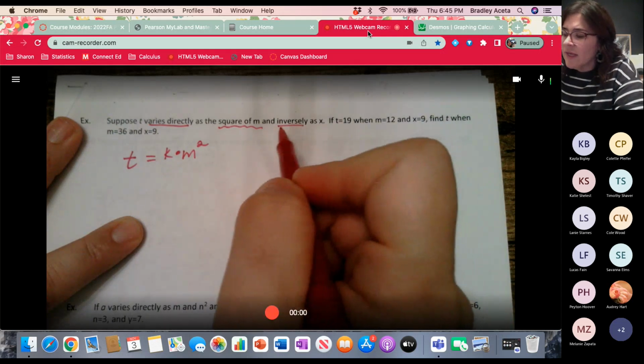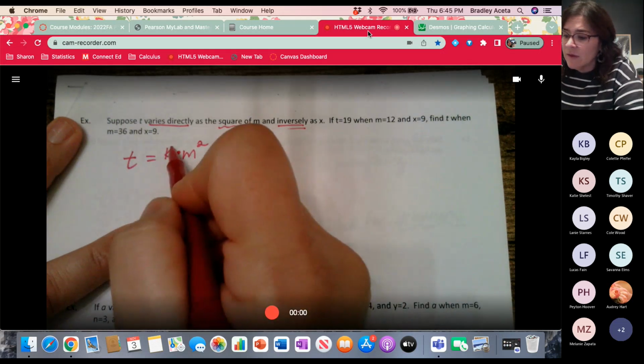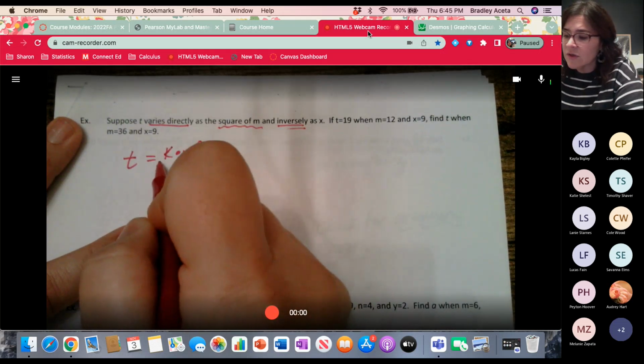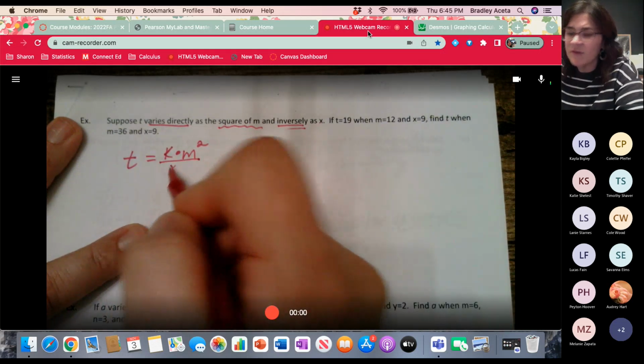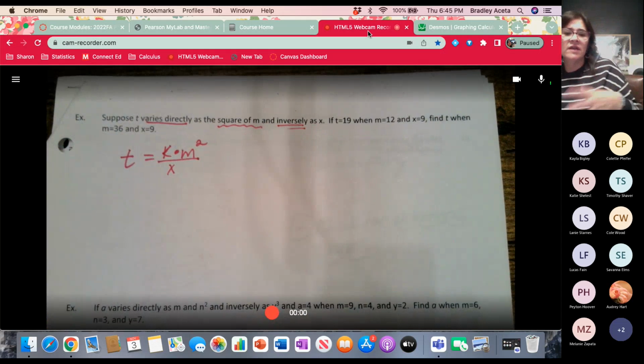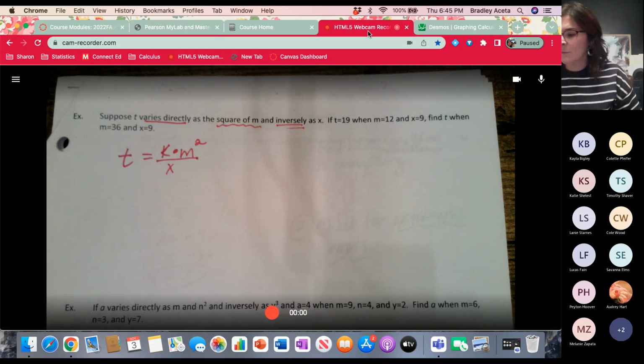But also do it inversely. Well, what does that mean? That means divide that k. So we're not going to put another k here. We're just going to divide by whatever variable they have, because putting another k here is redundant.